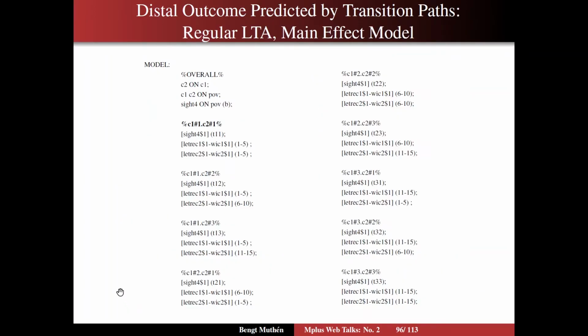Here's the Mplus script excerpt. So you have C2 on C1, and C1 and C2 both regressed on poverty, and we have site regressed on poverty as well, and we give it a label which we may use later on. And here's then the essence of the dot command. Inside the overall part of the mixture model, you refer to a combination of classes, C1 dot C2.